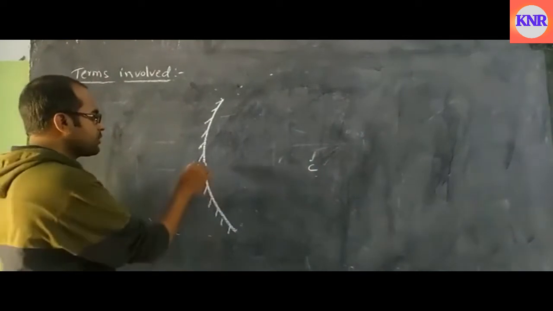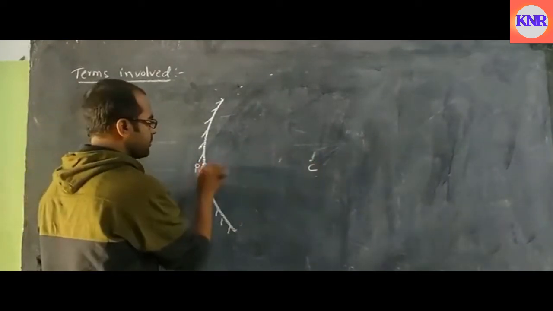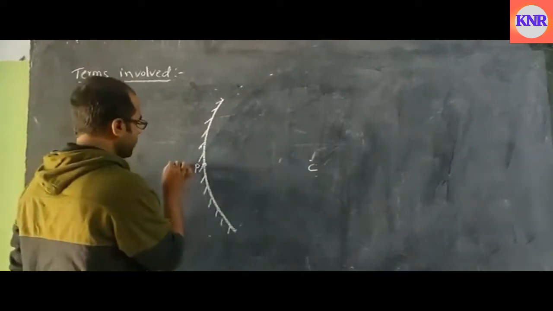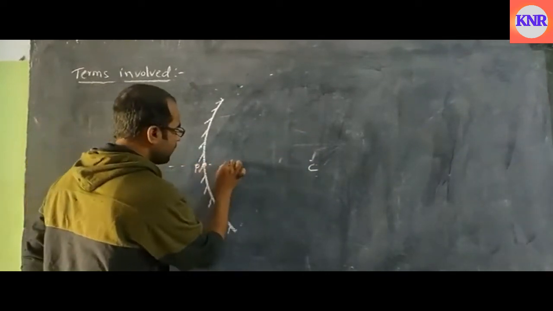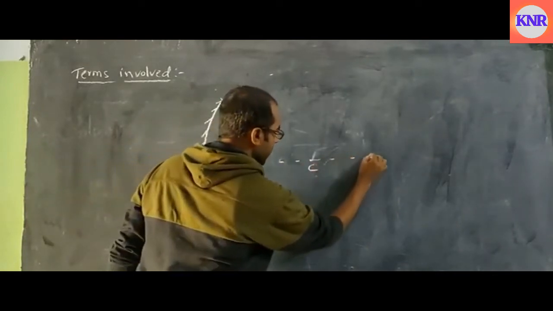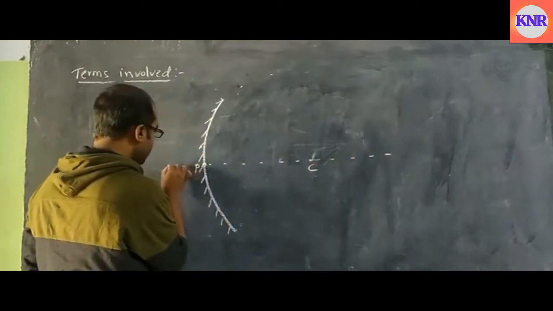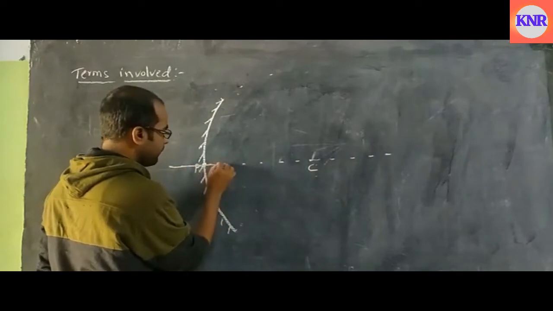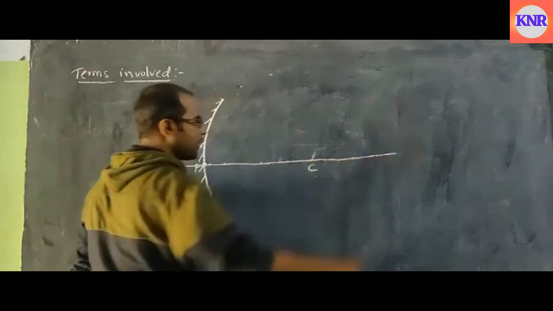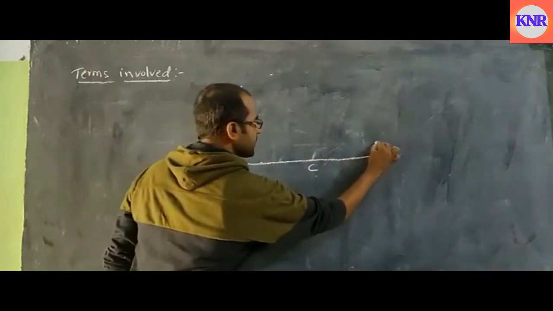Then next, let us join these two points by a line, an imaginary line passing through the pole and center of curvature. It is called the principal axis.